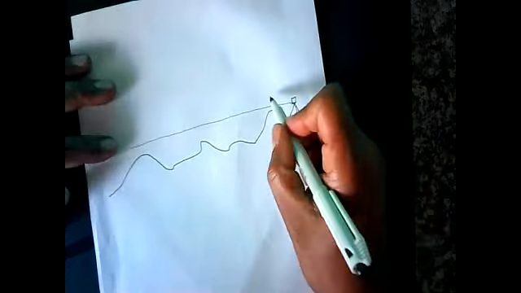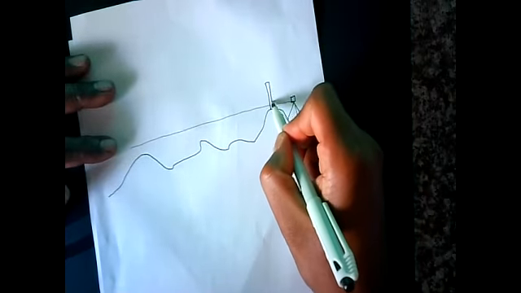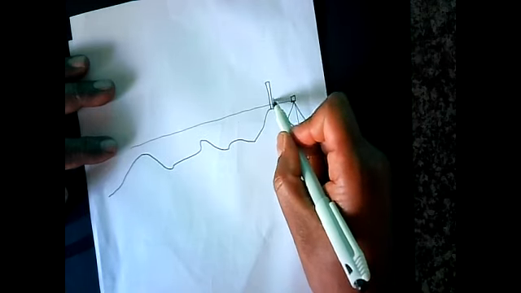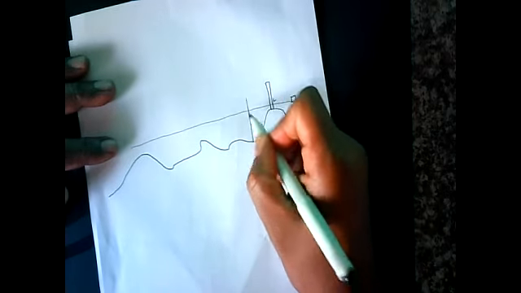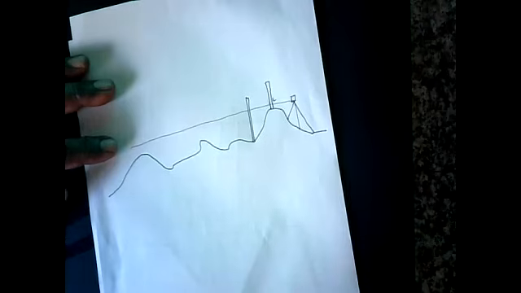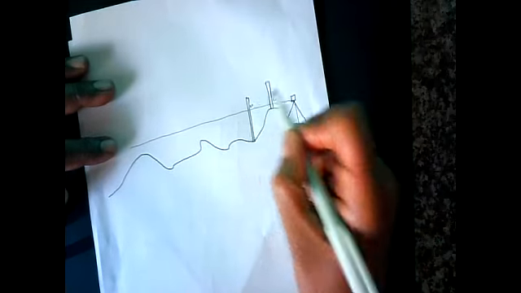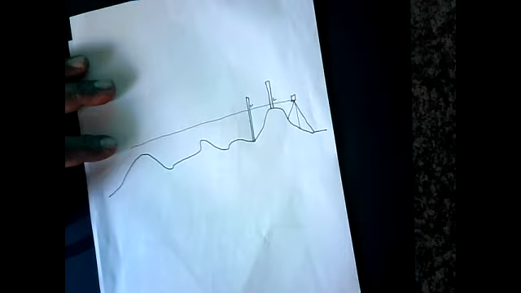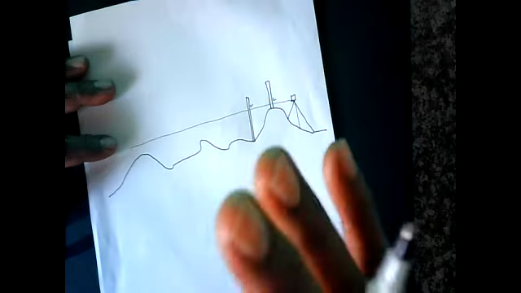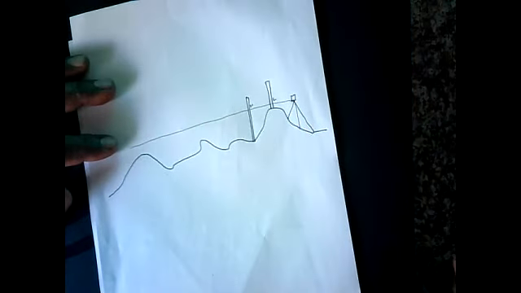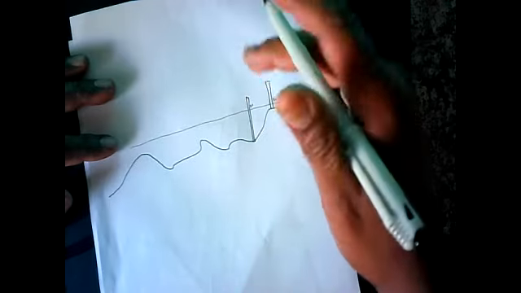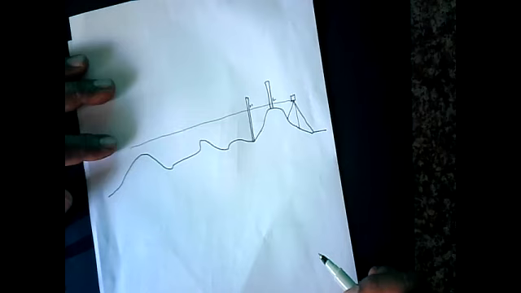So if you place your staff here at a high point, what are you going to see? You're going to see a low number, isn't it? If you place your staff here at a low point, what do you see? You see a high number. Okay, so what does it tell you? As the numbers fluctuate, you get an idea of how the land fluctuates. Low numbers mean it's a high point, high numbers mean it's a low point.